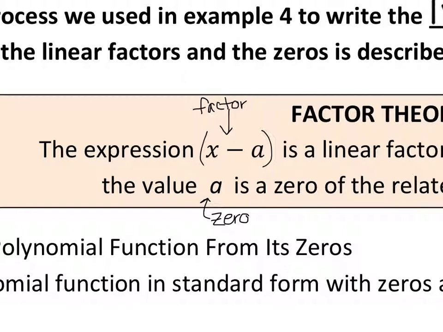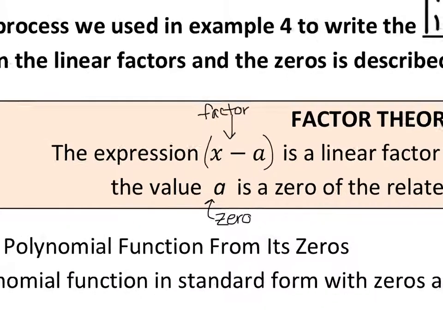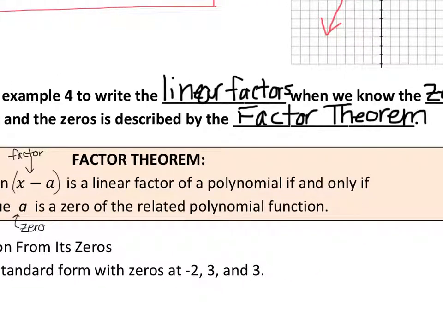Now, this statement is actually two-way. If you have the factor, you can find the 0, or if you have the 0, you can find a factor. We know that by this phrase right here, if and only if. That means that we can reverse the statement and it's still true. Not all theorems are that way. Some theorems are just one way.